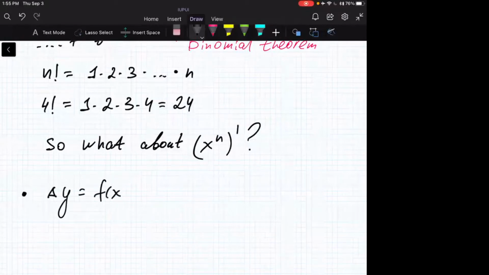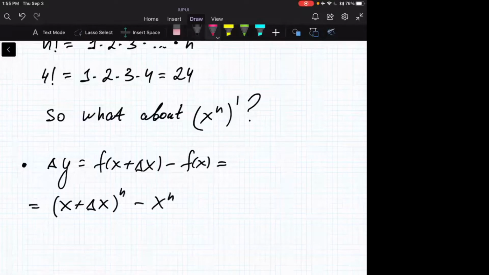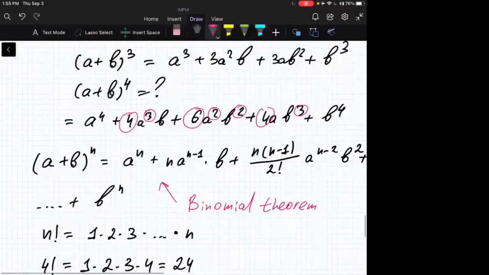We should calculate delta y, which is again f of x plus delta x minus f of x. And if I substitute, what I'll get is x plus delta x to the power n minus x to the power n. And you see that indeed we have sum of two functions to the power n.